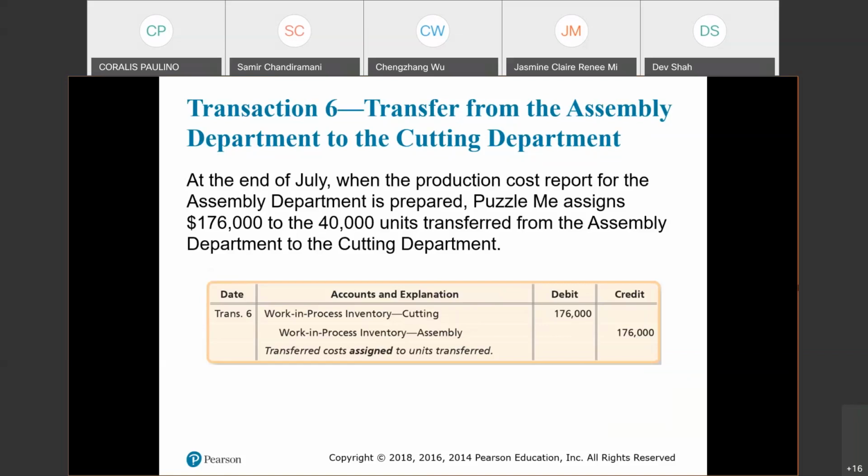So the transfer should be done within WIP inventory accounts from different departments.